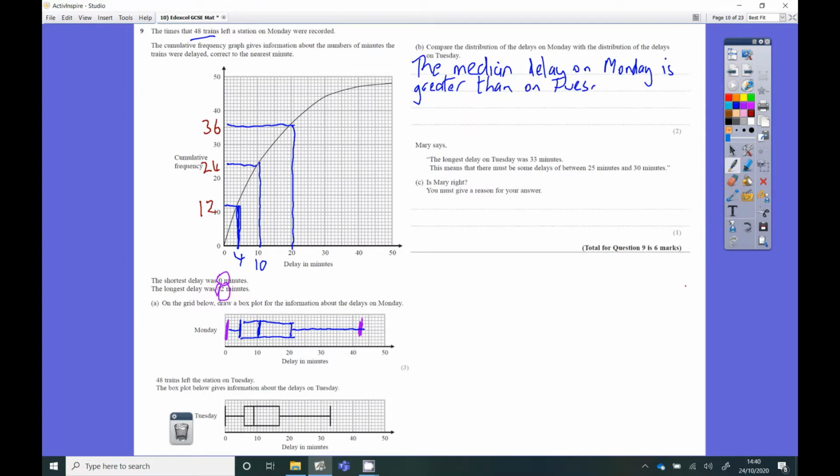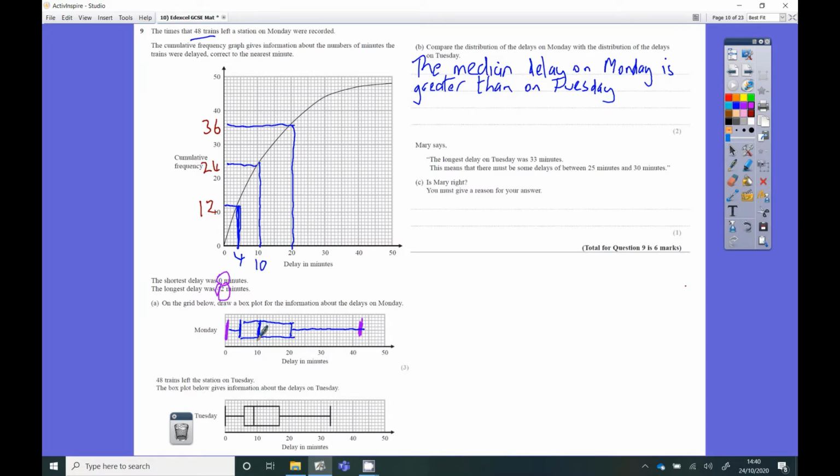Now, for the second comment, you need to comment on a measure of spread. That can either be the range, so biggest take away smallest, or the interquartile range, which is from a quarter of the way up to 3/4 of the way up, in other words, the length of the rectangle. So you could say the interquartile range of delay times on Monday was greater than on Tuesday, or equally you could comment on the range itself.